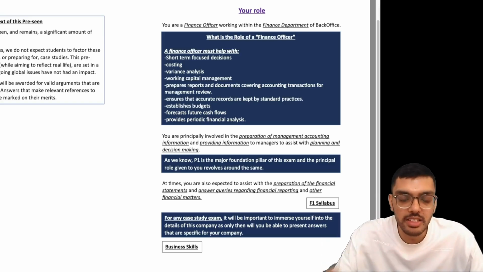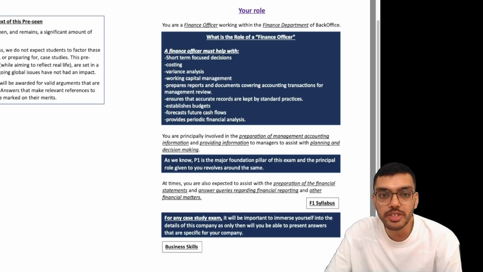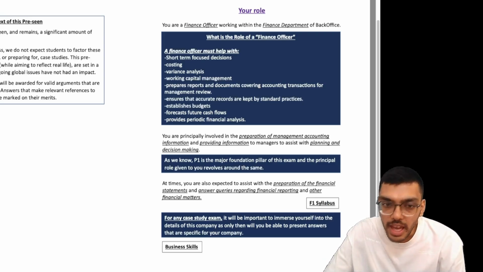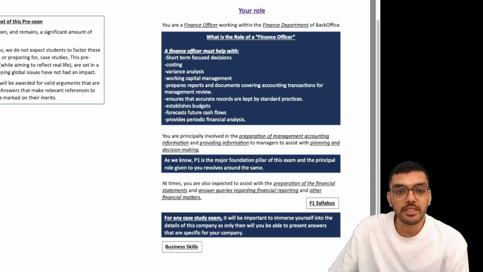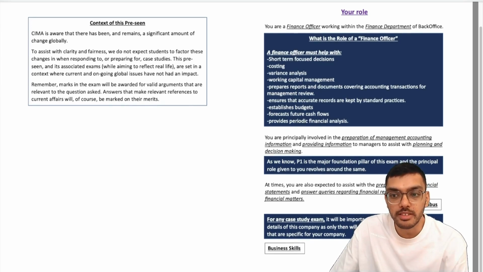So for any case study exam, it will be very important to immerse yourself into the details of this company, and only then you will be able to present answers that are specific to your company. To do well on any case study exam, the first base is knowing your business.